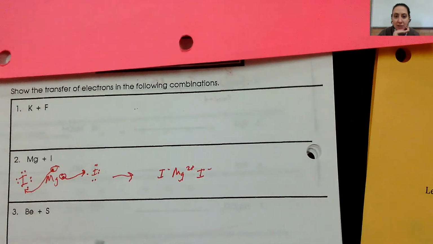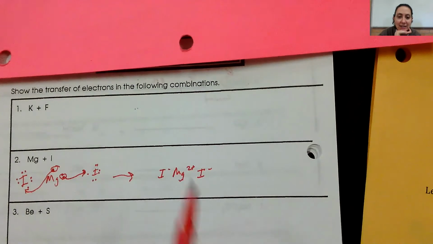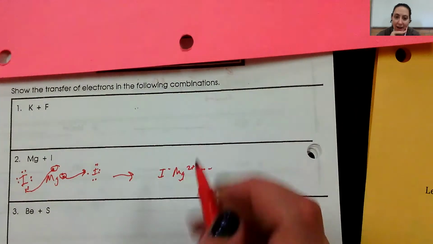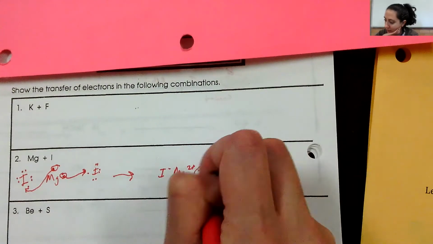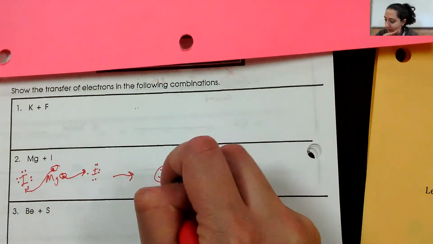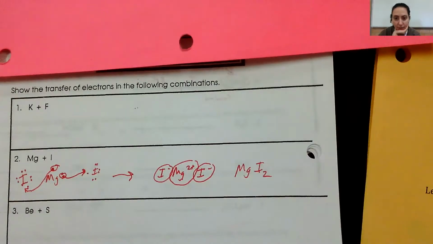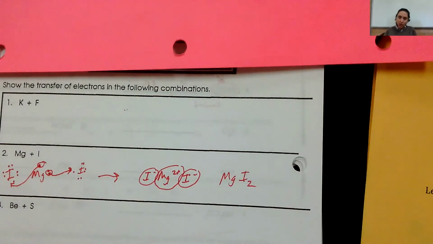Magnesium lost 2 electrons, hence the 2+ charge. So if you want to draw little circles around them to make it a little clearer, that might help. The overall formula is MgI2. Okay, so there's our visualization of what's actually happening, and this is the formula that we write for it.